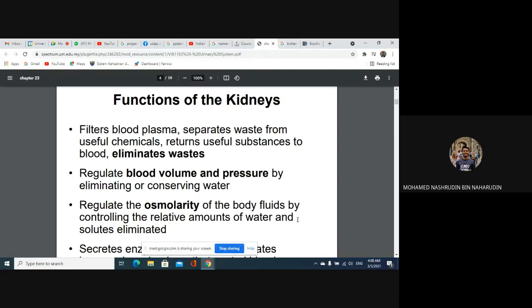So the first one: the kidney filters the blood plasma, separates waste from useful chemicals, returns useful substances to the blood, and of course eliminates waste.